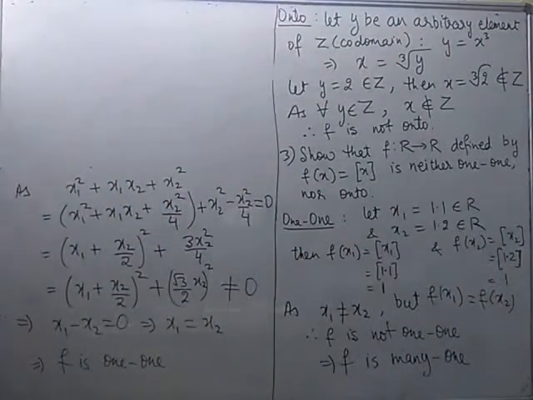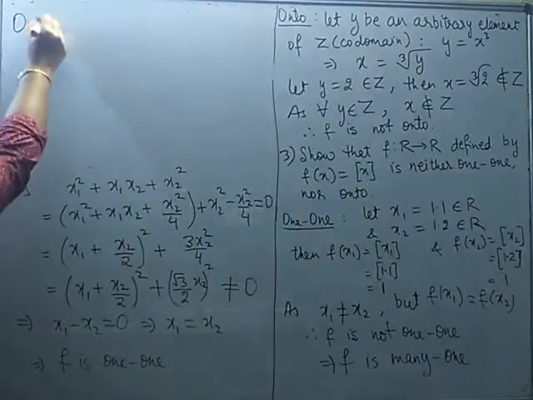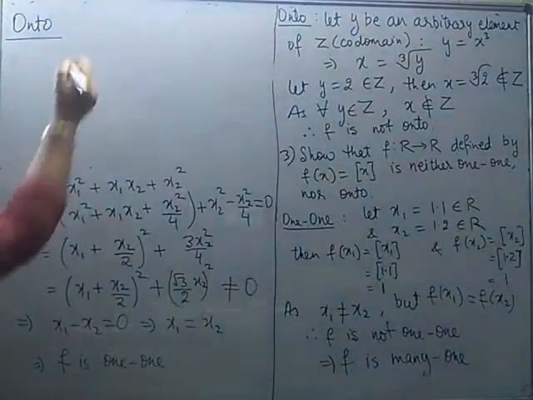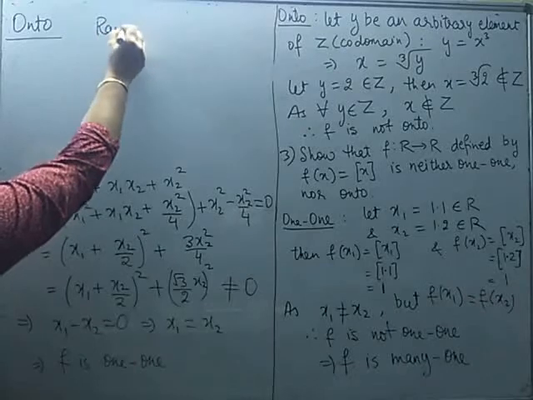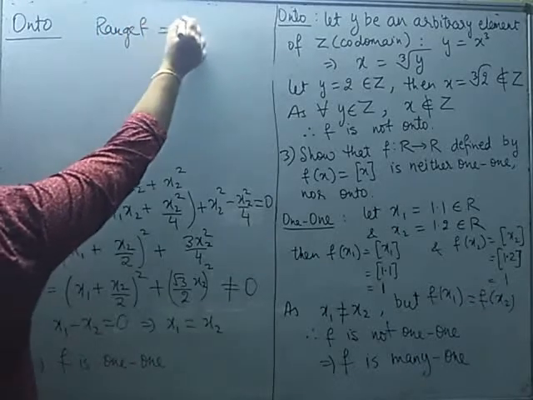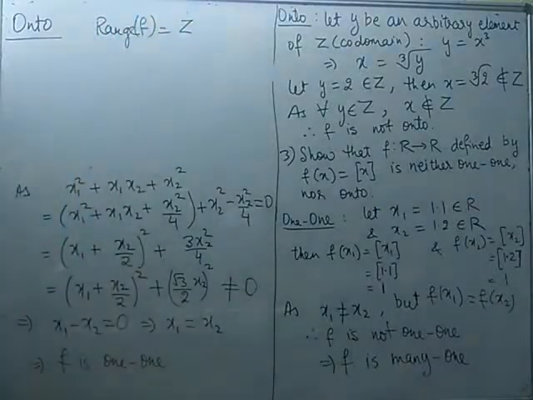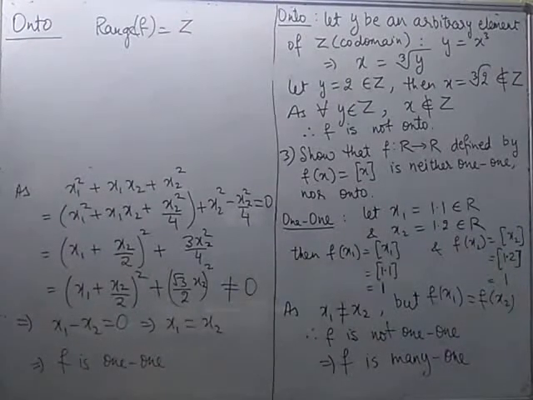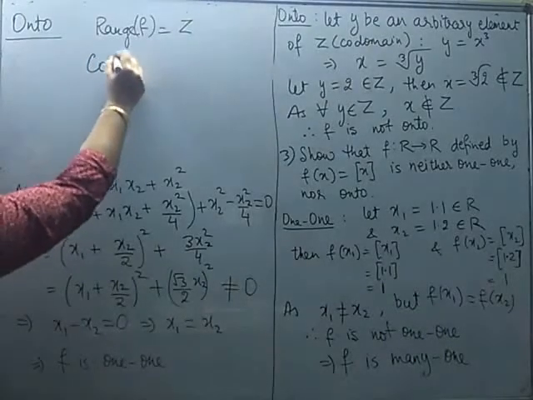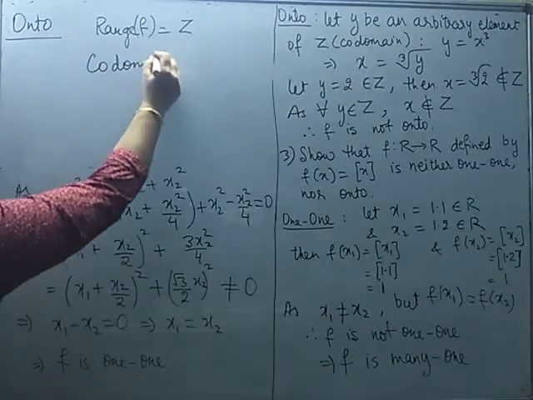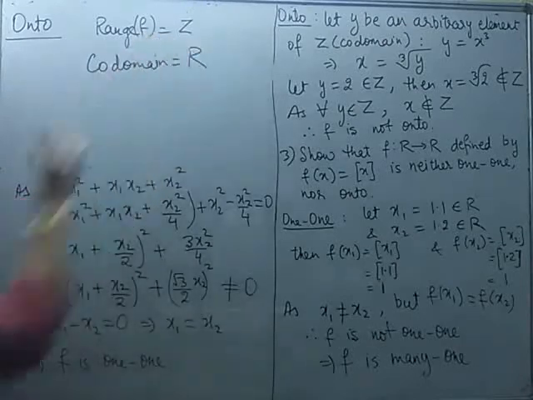We all know the range of the greatest integer function. The range of this function f will be the set of integers. No matter whichever real number x is, its image will be an integer only. But see, the codomain is not the set of integers. The codomain is the set of real numbers.